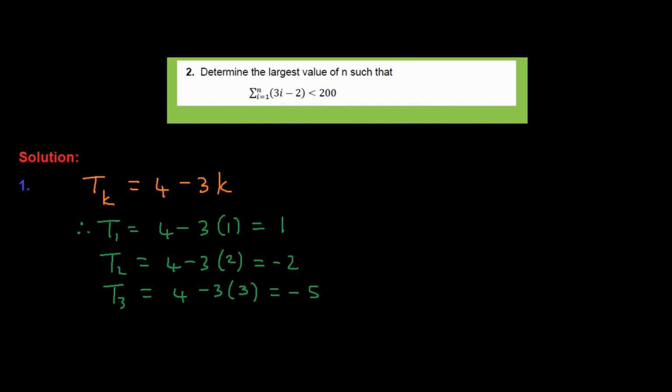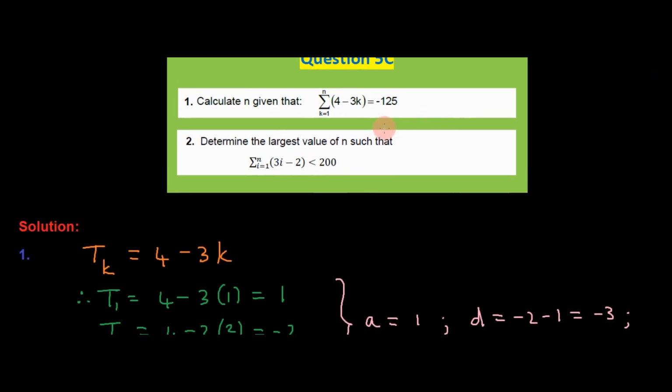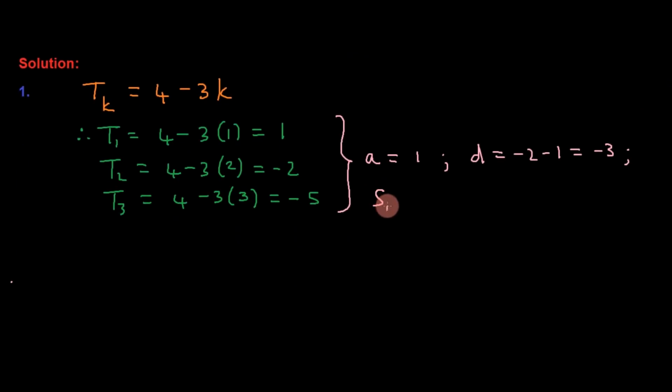From this, we can see the values of a and d. A is the first term, and that's 1. D is the common difference, and we can take term 2 less term 1. We are also given the sum to n terms. It's negative 125. So S sub n is negative 125. And we need to find the value of n.